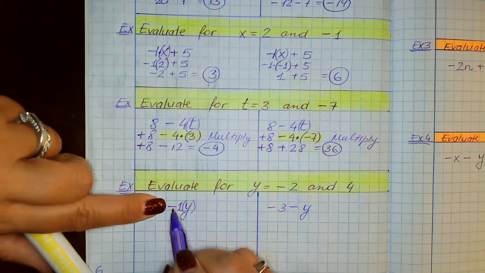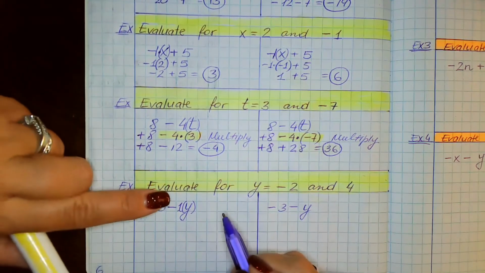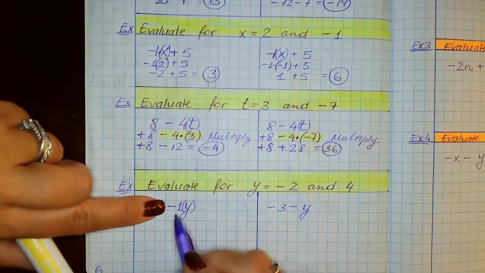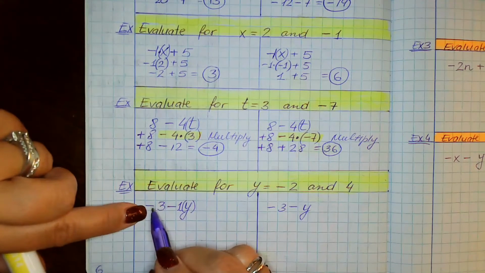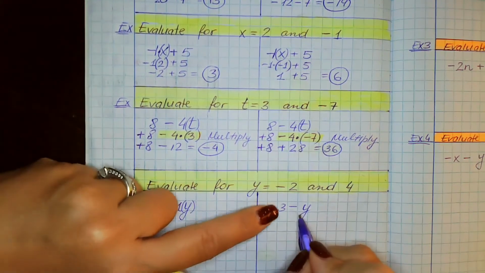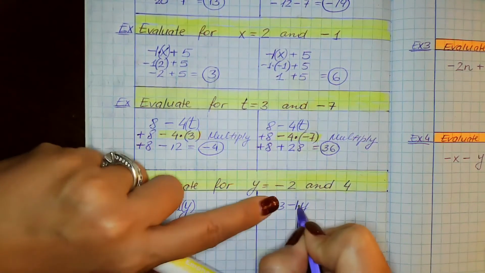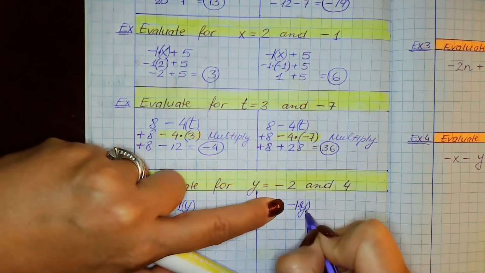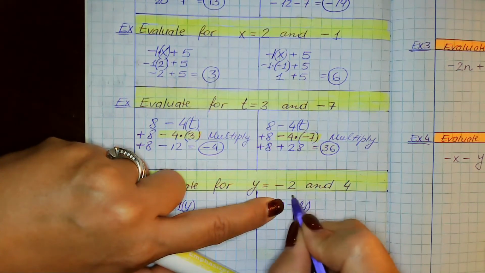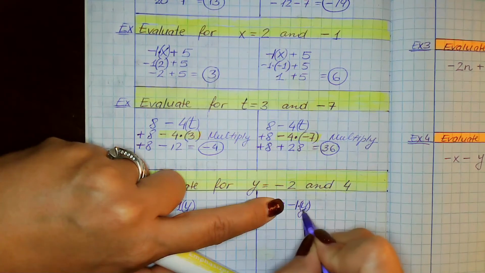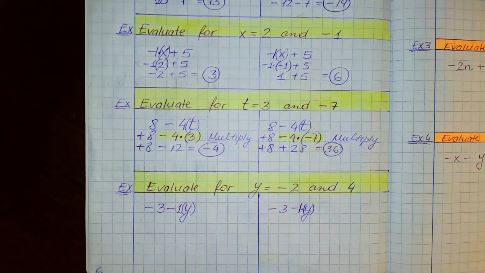The sign belongs to a number, so negative 1y. And then the negative 3 will be combined. So based on the order of operations, we're going to have to do this multiplication, then combine with negative 3. It's hiding a multiplication by negative 1 and a variable. So negative 1y means negative 1 times the value of the variable, then combine the negative 3.